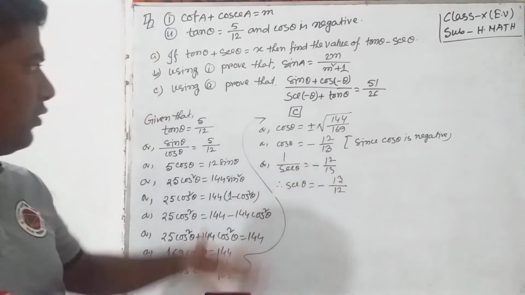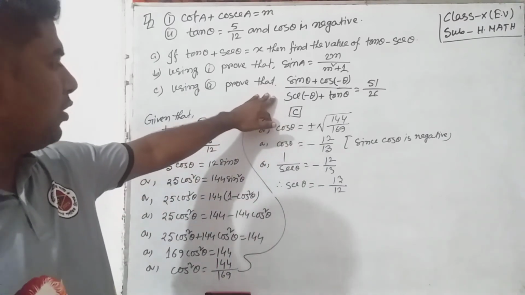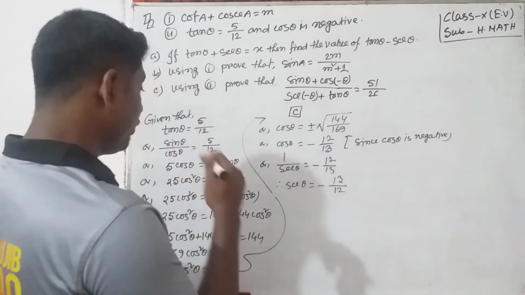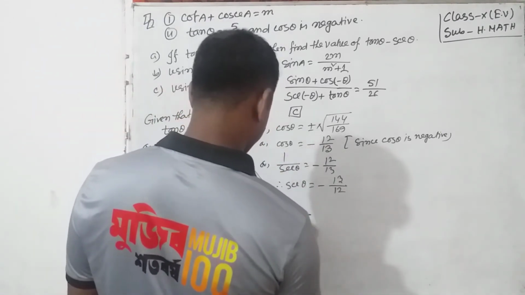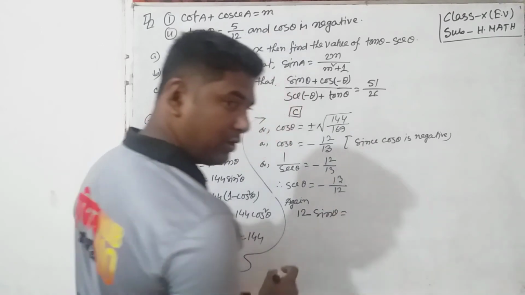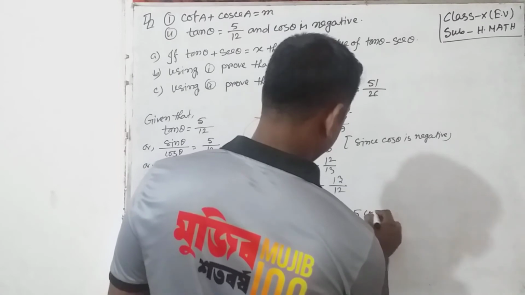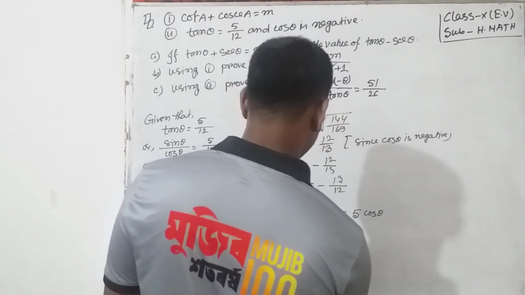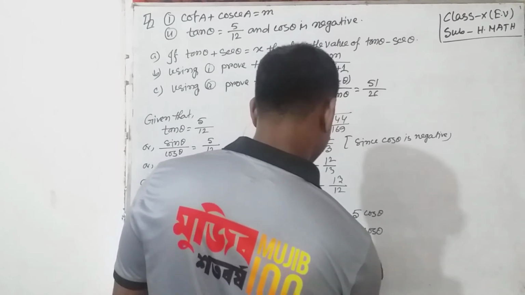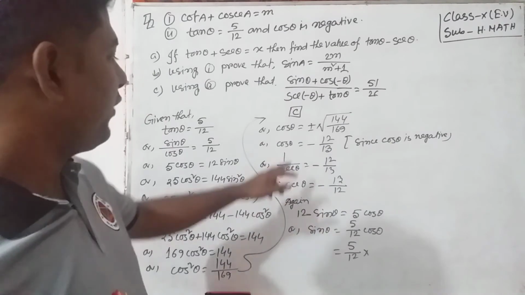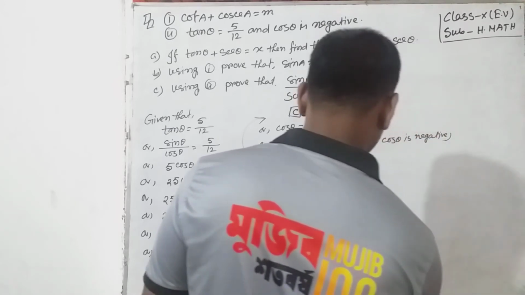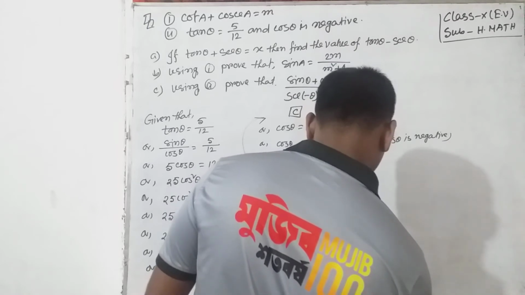Now we find the value of sin theta. Here 12 sin theta equal 5 cos theta, or sin theta equal 5 by 12 cos theta. 5 by 12 into the value of cos theta we found, minus 12 by 13, so we can write it minus 5 by 13.